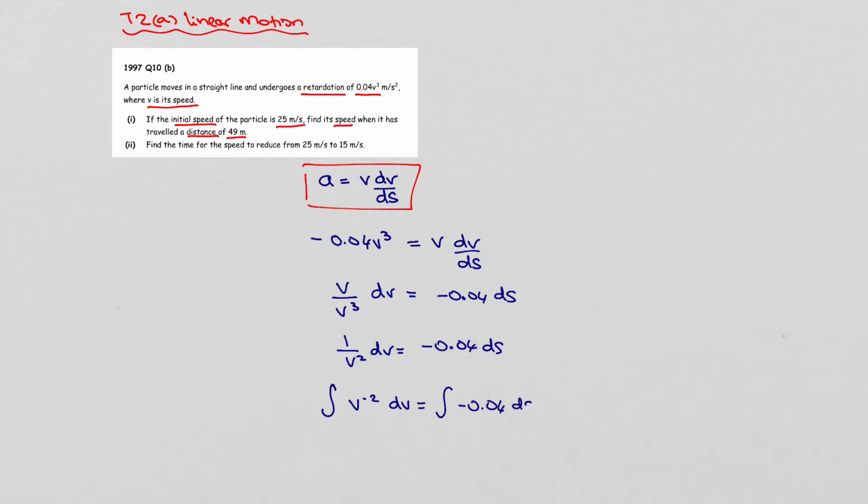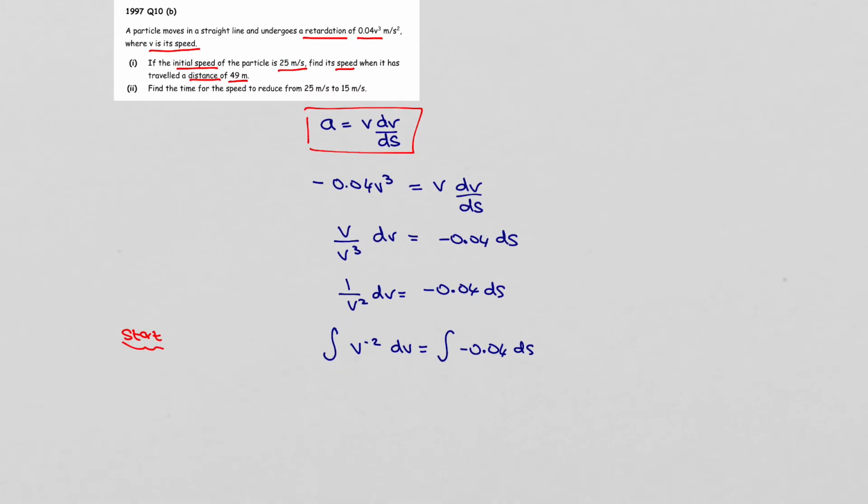And then I need to write down, well, what are my limits? What do I know at the start, and what do I know at the end? My start limits state that the initial speed of the particle is 25 meters per second, so v is 25 at the start, and it won't have moved any distance at that point, so s is 0.